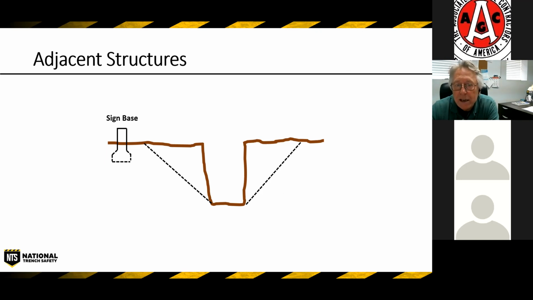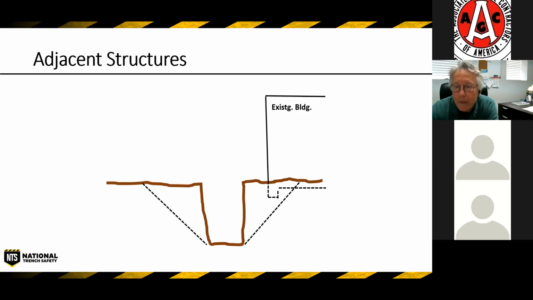If the sign base is outside of the adjacent area, then it's not as big of a problem. But anytime we have any structure such as a sign base within the adjacent area, we really do need to pay close attention and make sure that as we dig, we are supporting that structure.